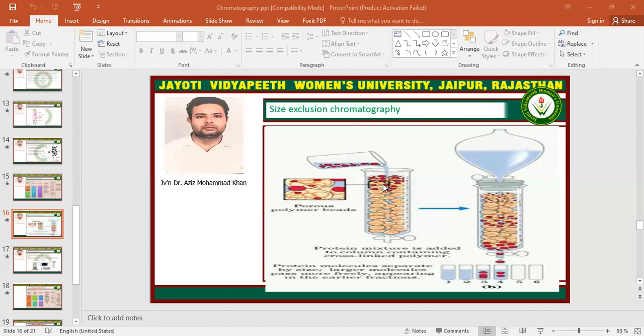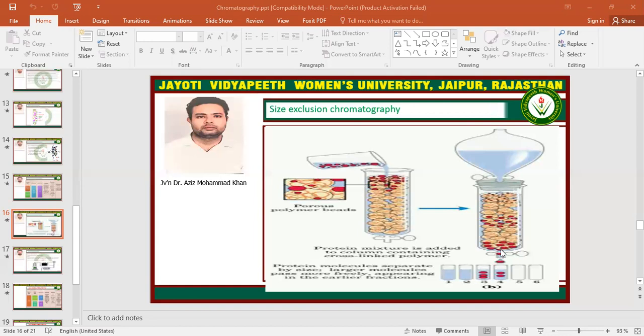So they will bind to the beads, and the molecules which are larger in size will not move towards the beads. Their particle size is not smaller than the beads, so they will diffuse freely.